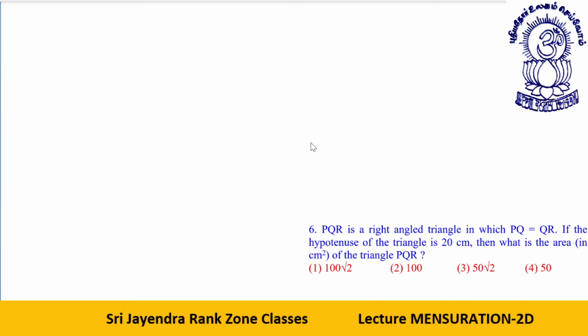PQR is a right angle triangle in which PQ is equal to QR. Okay, this is PQ, this is QR. Very easy. Hypotenuse of the triangle is 20. These sorts of questions are actually easy. This means this is 10 root 2, this is 10 root 2. Then what is the area of the triangle PQR?